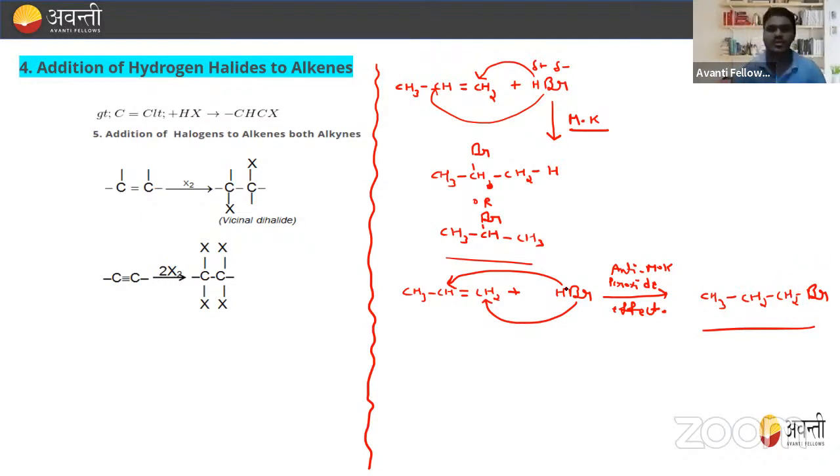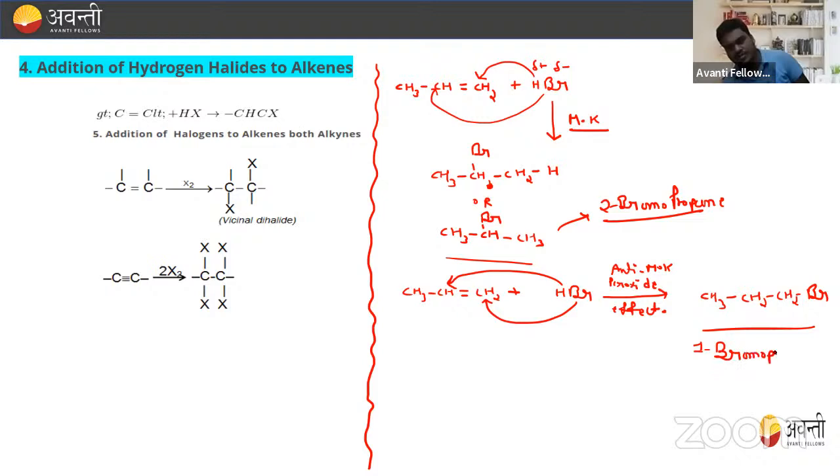So in the Markovnikov rule, we get 2-bromopropane, but in case of the peroxide effect, we'll get only 1-bromopropane.